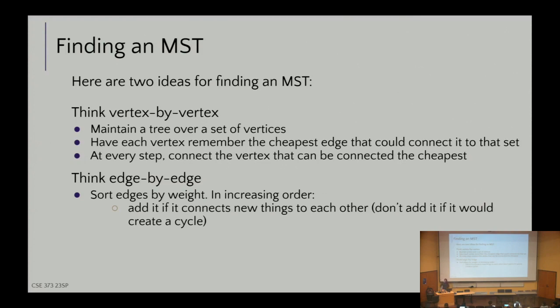So these both work. One is named Prim's algorithm. One is named Kruskal's algorithm, after people, again. For P4, you are going to be asked to implement Kruskal's algorithm. But surprise, you need another data structure to do that. We're going to meet that on Wednesday.